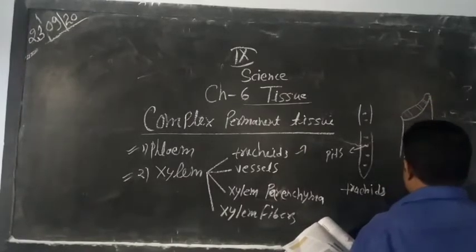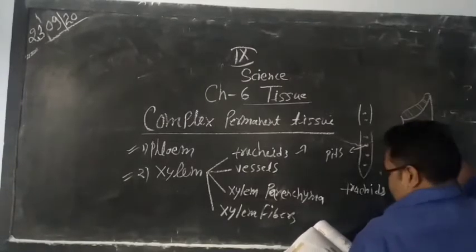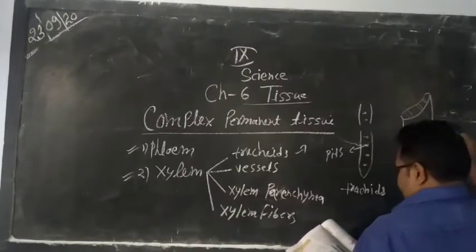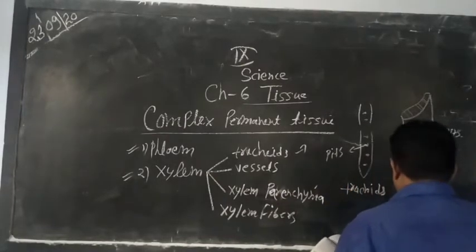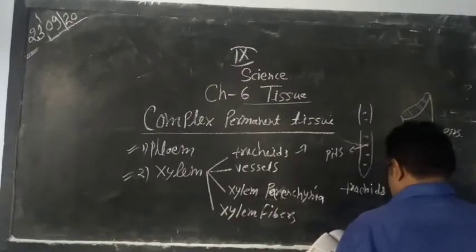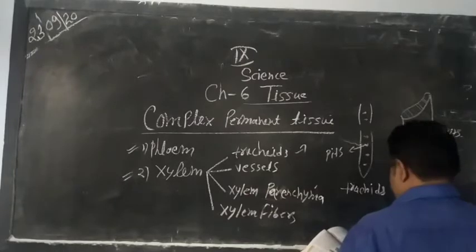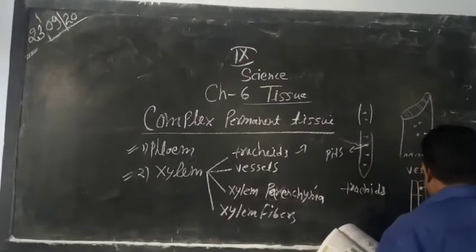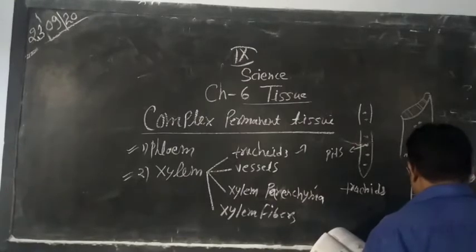These are the vessels. It also contains some pits. Now next one is xylem parenchyma. It is a cylinder-like structure. The septa are present in these cells. These cells have a nucleus and cytoplasm.